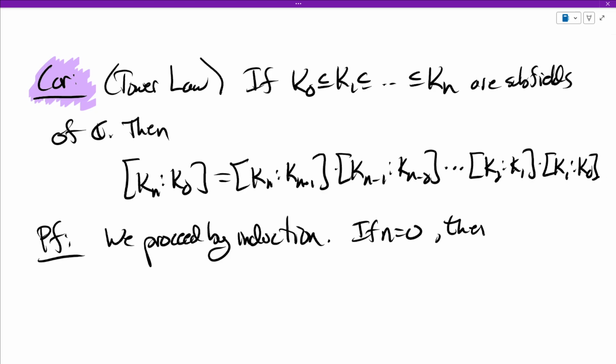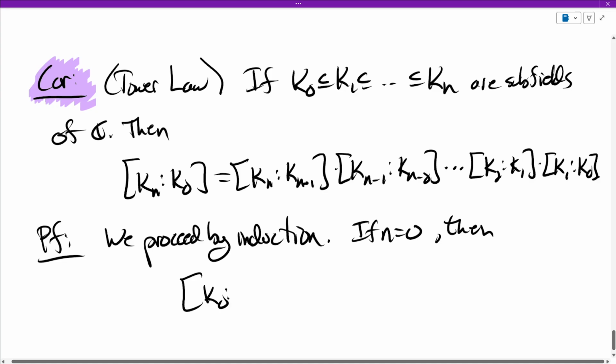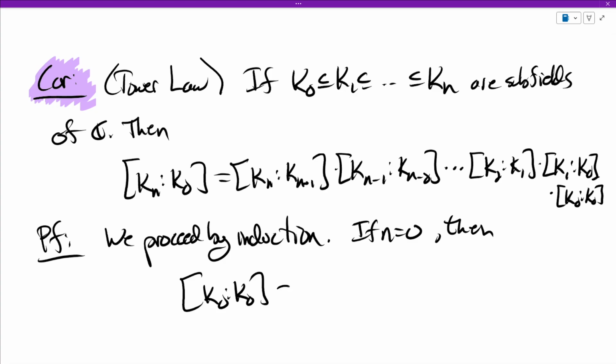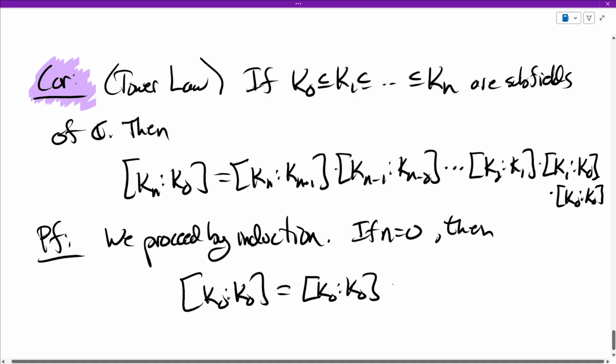It says that the degree of k0 over k0, we could, of course, add a k0 term, that's of course 1, is equal to the degree of k0 over k0, and both of these are 1. Well, they're just the same thing. I guess them being 1 is not relevant for the proof. But that's what this equation would say.